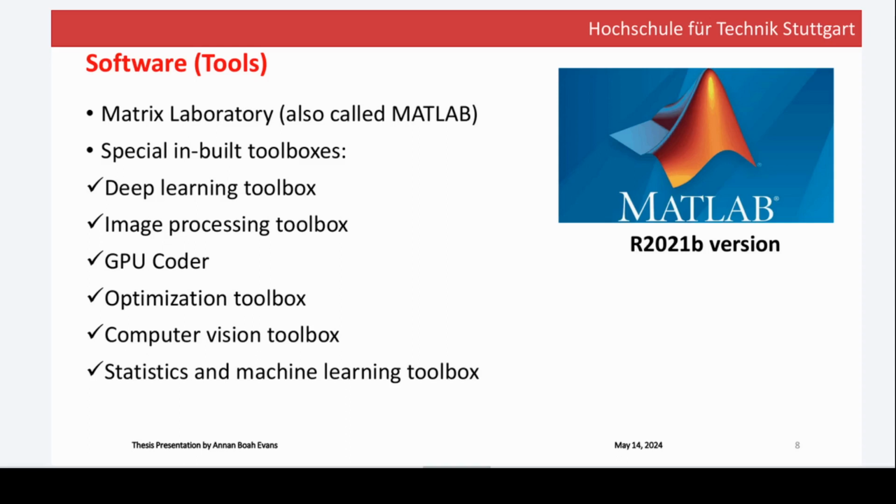Some important toolboxes include the Deep Learning Toolbox, the Image Processing Toolbox, the GPU Coder, the Optimization Toolbox, the Computer Vision Toolbox, because we are dealing with image recognition, and the Statistics and Machine Learning Toolbox, because you are going to deal with a lot of statistical concepts in the remote sensing techniques we adopted during my master's thesis.